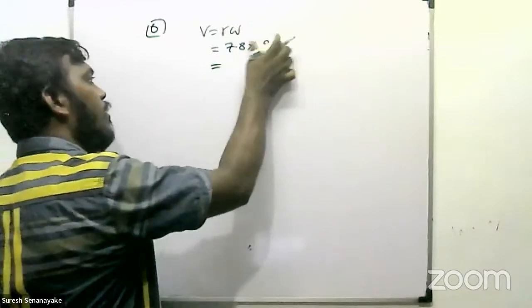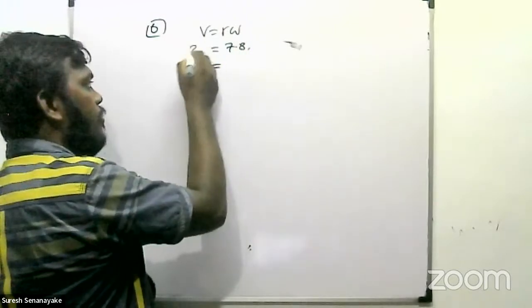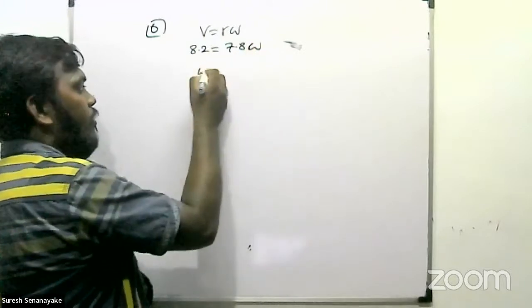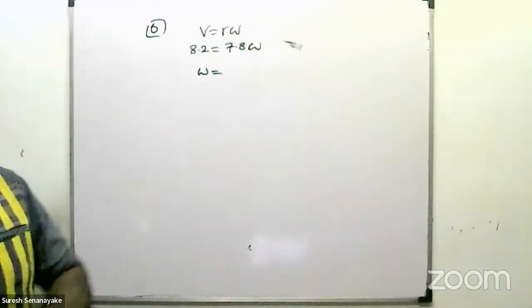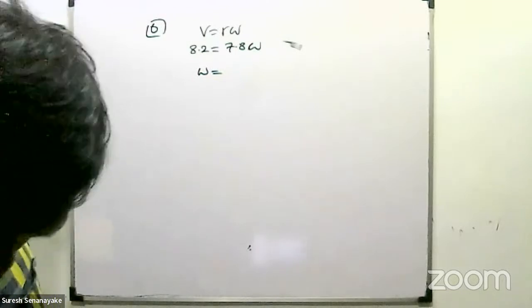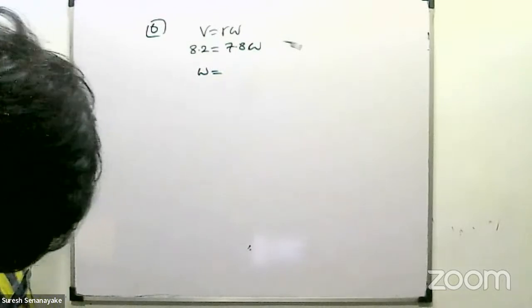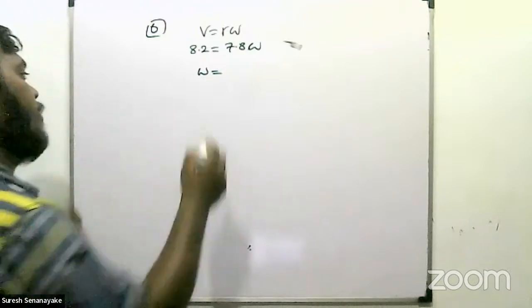So omega equals 8.2 divided by 7.8, which is 1.05.